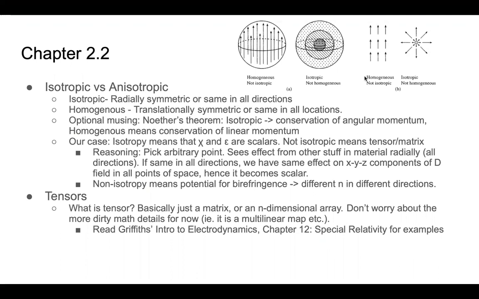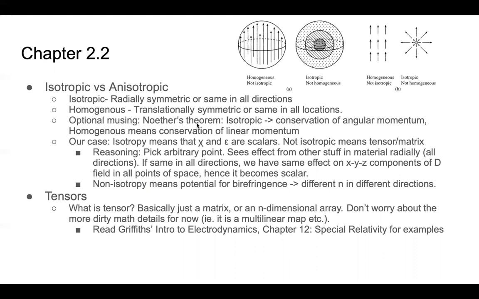So homogeneous means that if you shift your x coordinate, let's say from x equals 0 to x equals 5, you still have the same thing going on. If you see B, this is an example of something that's homogeneous but not isotropic. Isotropic means if you rotate your system, you'll see the exact same thing.